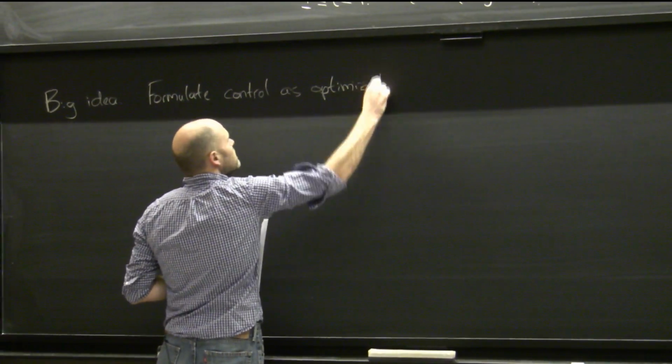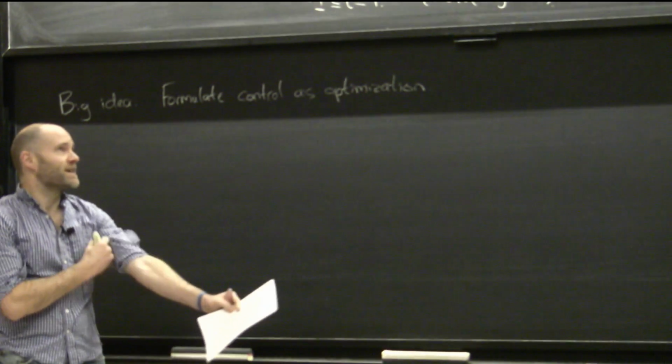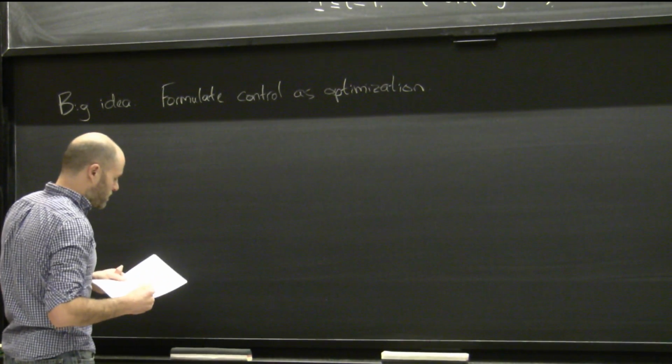And there's lots of powerful tools for optimization out there, and we're going to use many of them in the class. In some sense, the tool we use today is one of the less standard ones, and so it's a special case of optimization that works well. But let's just make sure we understand the big idea first.